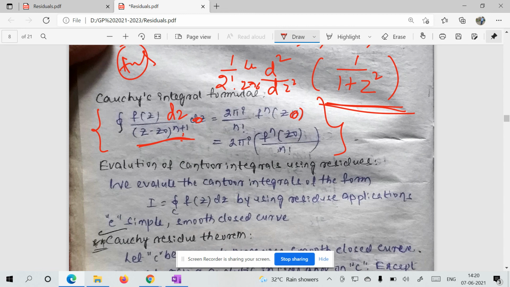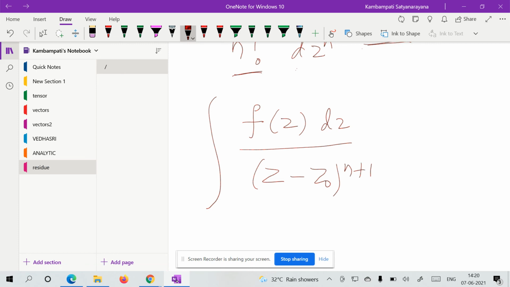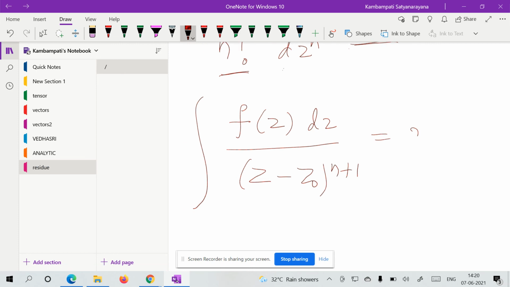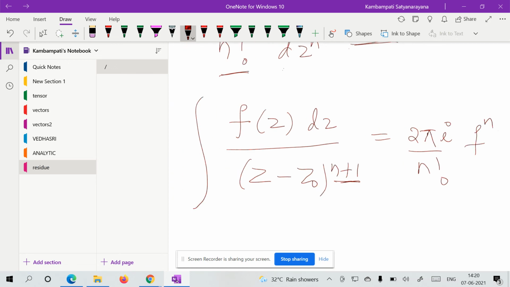It is written a bit confusingly, so shall I write it clearly? I will write it, see. This is the integration of f of z dz over (z minus z naught) whole to the power of n plus 1, which is equal to 2 pi i by n factorial into f^n(z naught). This is not z, this is z naught.